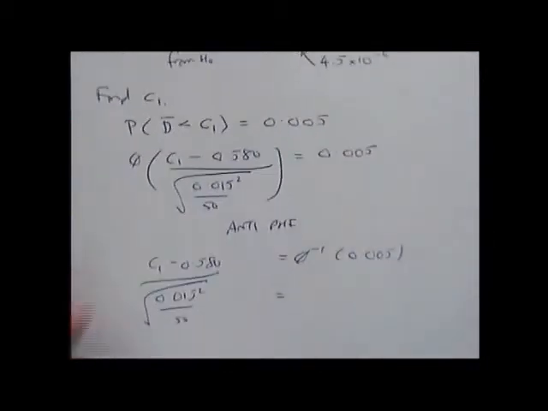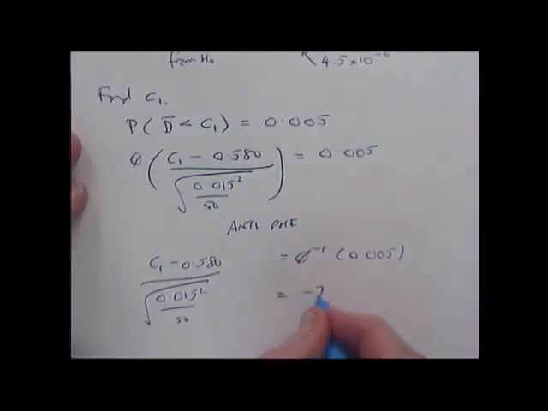Minus 2.57 is correct. How did you find that? At the bottom of the page. Good. At the bottom of the tables you will find some of these common anti-phi ones. You don't need to look them up in the main tables. These 5%, 1%, 0.5% values are listed at the bottom, so you can go straight down there.